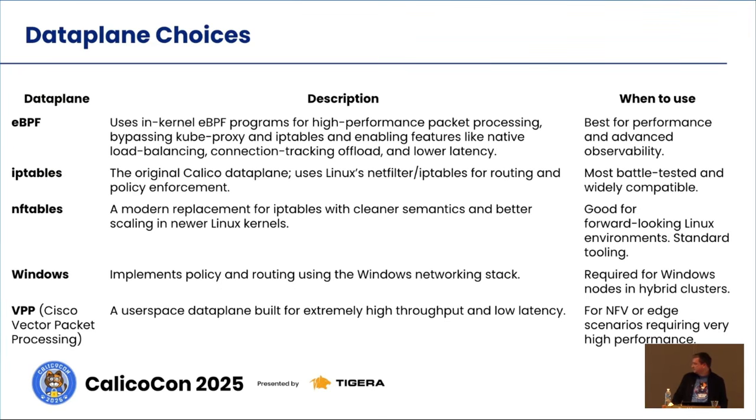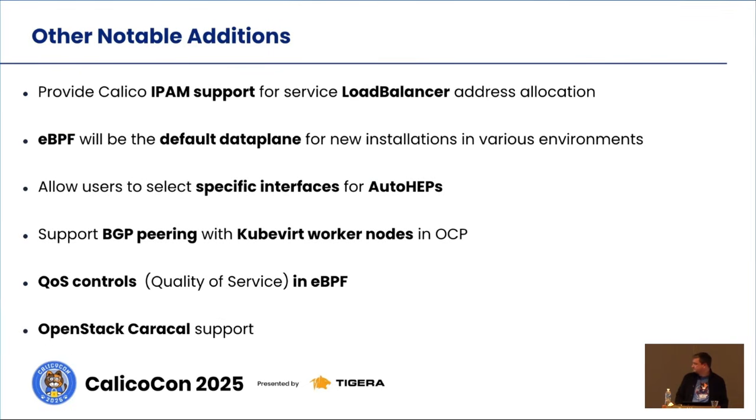It's been through the wars over the years, with lots of massive companies running around with hair on fire and us helping them to put it out. That results in a really hardened, robust data plane. Now NFTables builds on top of that as well and continues the standard Linux tooling. And as I mentioned, we also support Windows and Cisco VPP for vector packet processing.